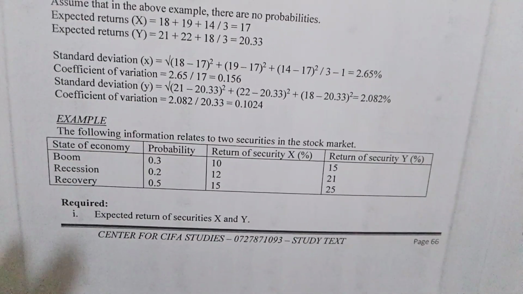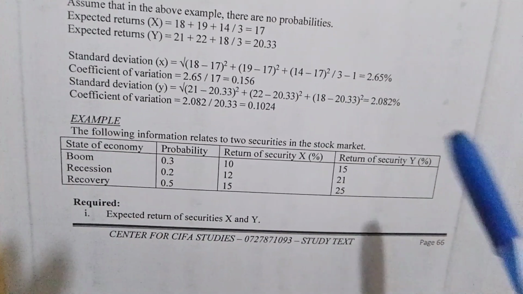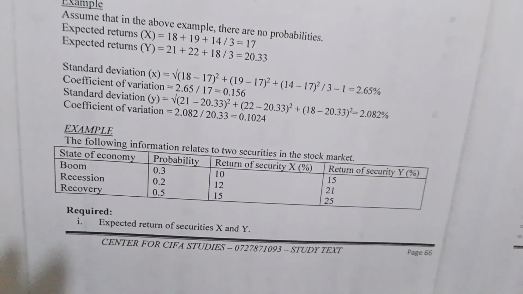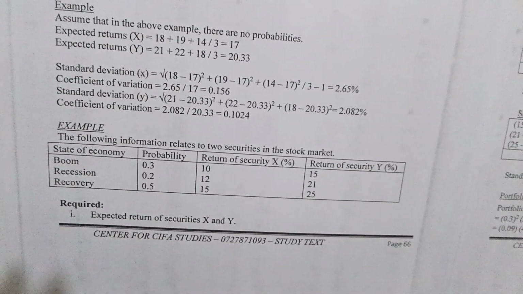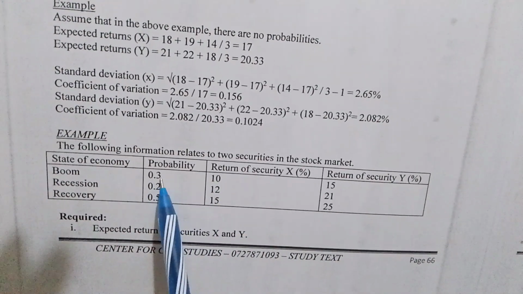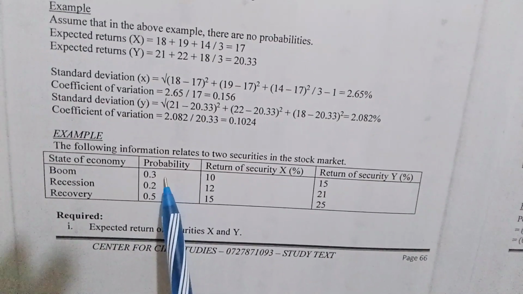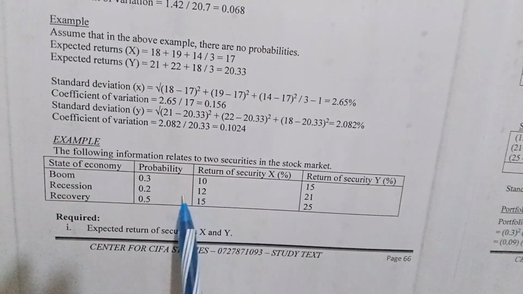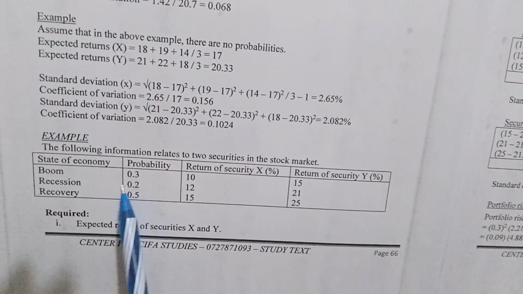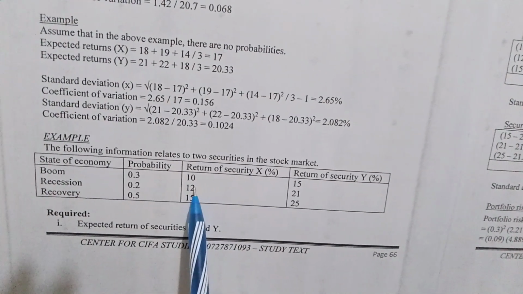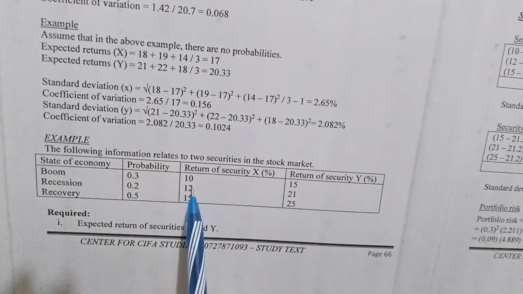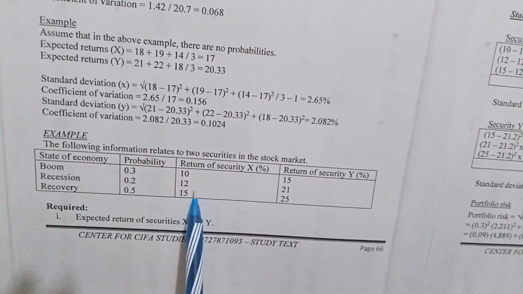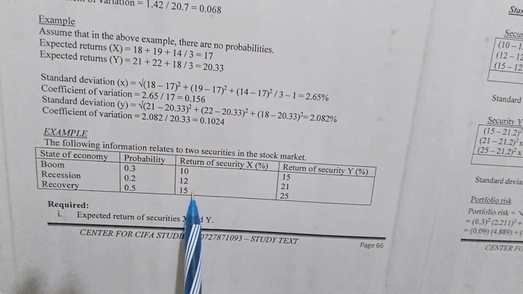So simply, to calculate the expected return for each security, we have security X and security Y. You will be taking the probability at each state of nature, you multiply by the expected return, plus the probability for the next state of nature times the expected return of that particular security, plus the probability for the next state of nature times the expected return, and then you sum up.